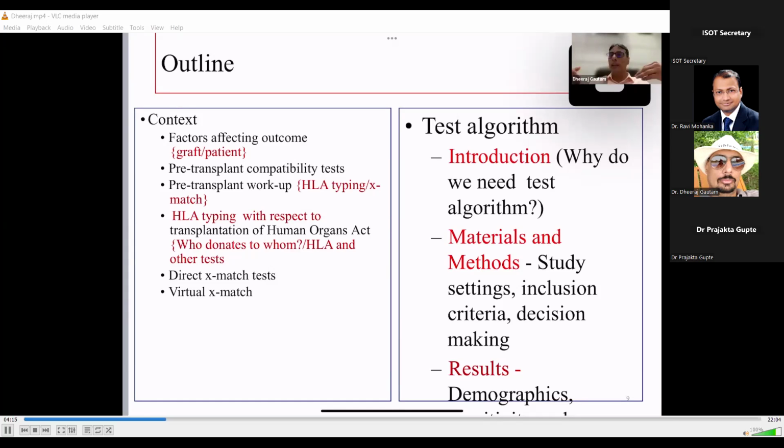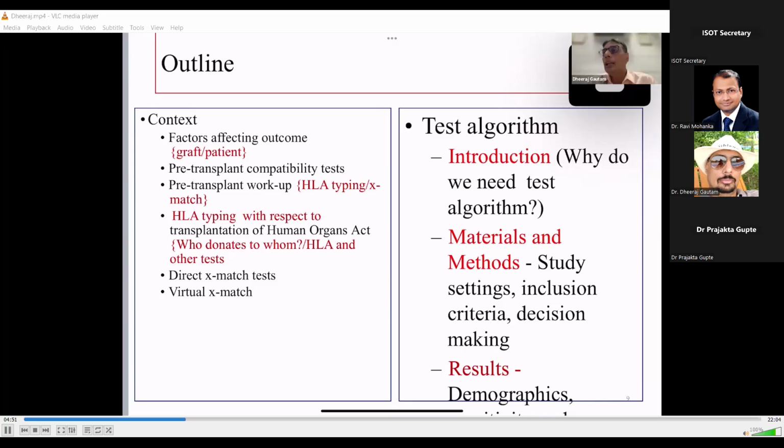Whenever you are doing a transplant, it will go to the committee, and ultimately the district officer is also responsible for that. So we have to prove the kinship. There are two criteria for cross matching. One is to prove the kinship, and second is the scientific one, to avoid rejection and further complications after the transplant. There could be a direct cross match, or there could be a virtual cross match.